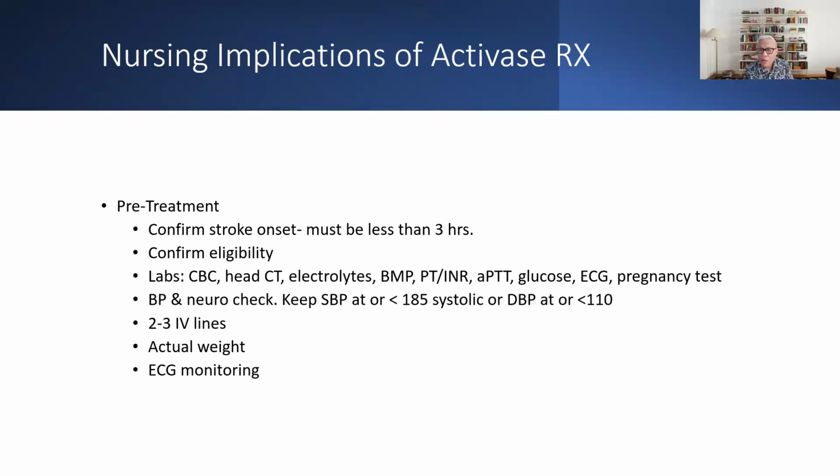The reason why you want to do that is because after giving the drug, you can no longer insert an IV for at least 24 hours. And then, of course, we want to make sure that we obtain an actual weight of the patient. And lastly, connect them to cardiac monitoring in order to make sure that there are no cardiac complications that are going to occur.